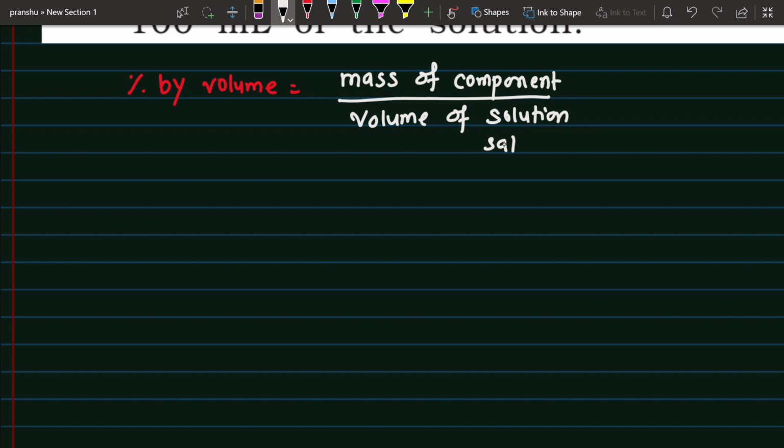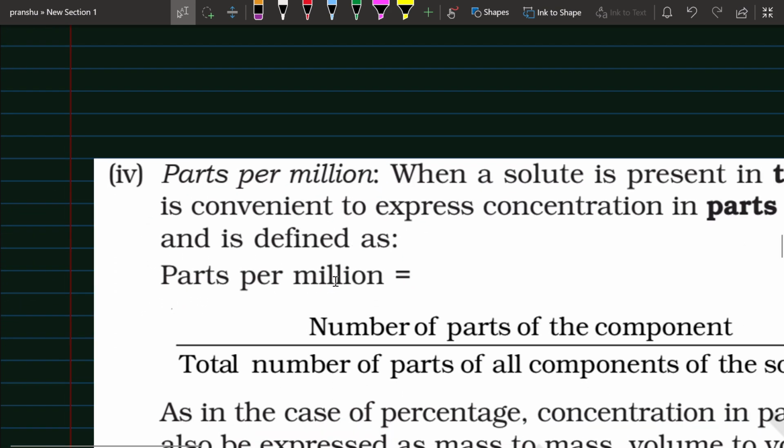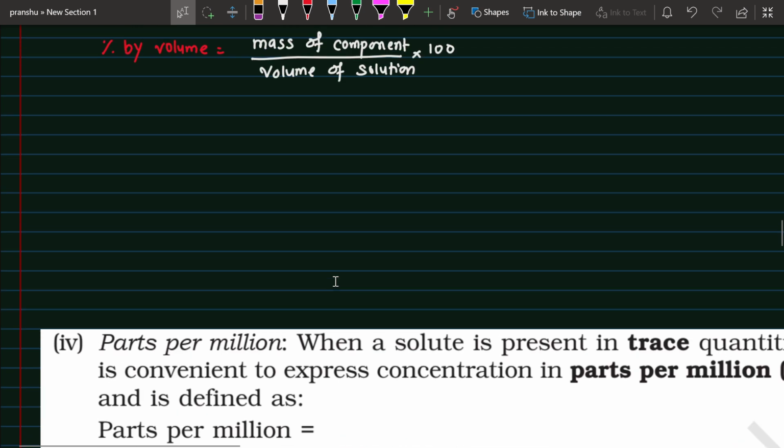Writing the solute plus solvent will be incorrect. So don't write it in this way.